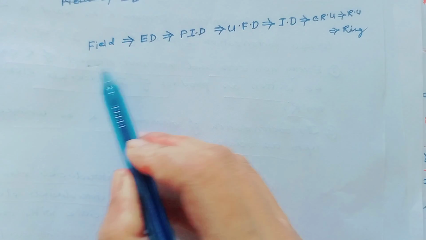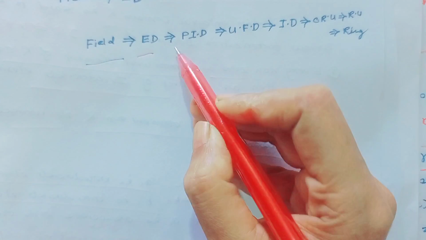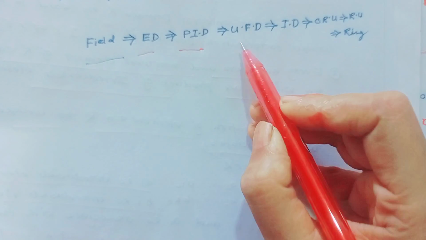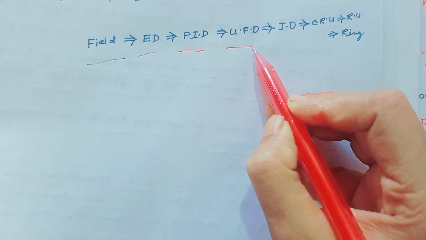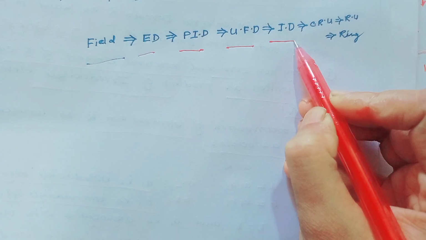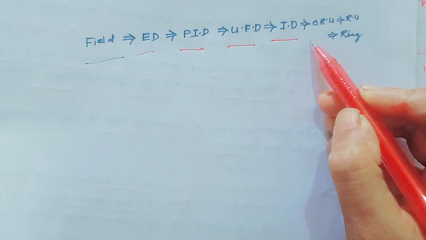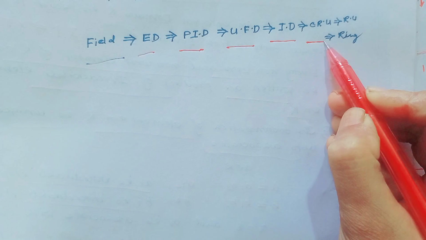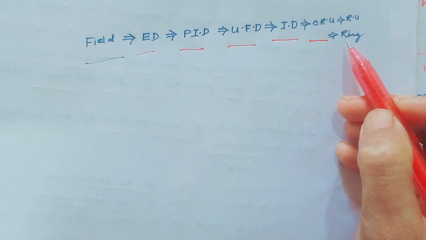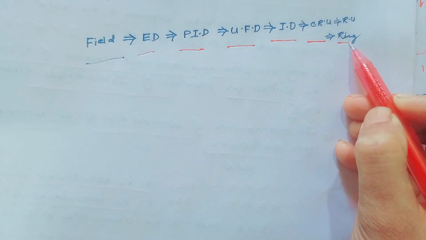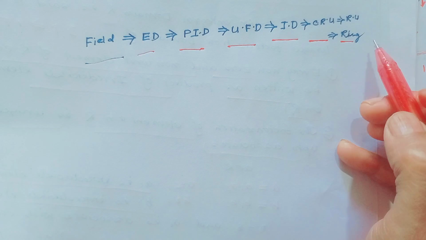This diagram is a very important diagram. If field, then that implies Euclidean domain. Euclidean domain implies P.I.D. P.I.D implies U.F.D. U.F.D implies integral domain. Integral domain implies commutative ring with unity. Commutative ring with unity implies ring with unity, and that implies ring.